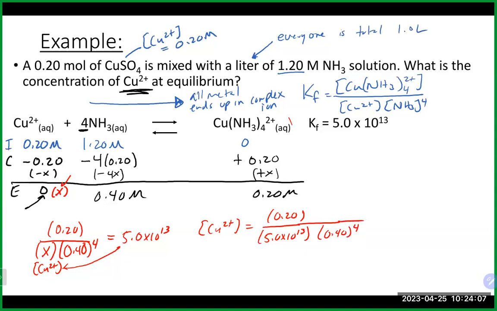And if we do that, we will get 0.2 divided by 0.4 to the fourth divided by 5 to the 13th, which will give us a copper concentration here of 1.6 times 10 to the minus 13 molar.